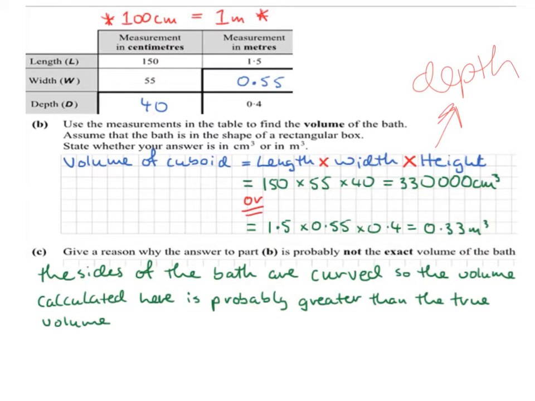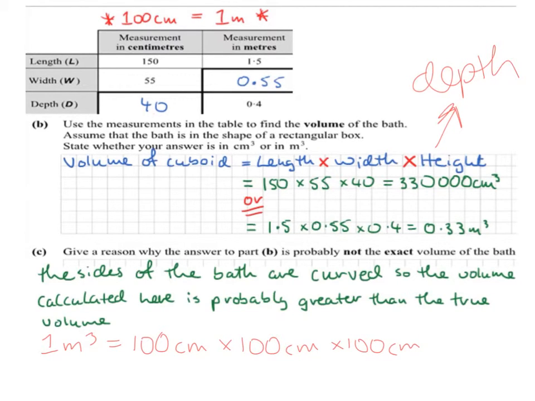Again, just be very careful with your centimetres cubed and your metres cubed. Just to have a quick recap of centimetres and metres in volume, 1 metre cubed is equal to 100 centimetres times 100 centimetres times 100 centimetres.